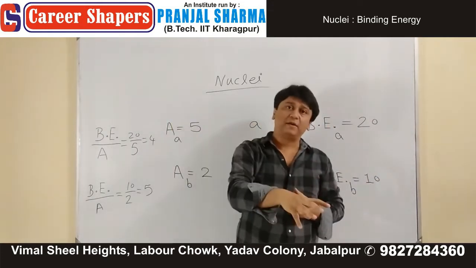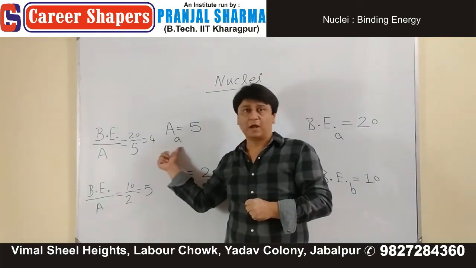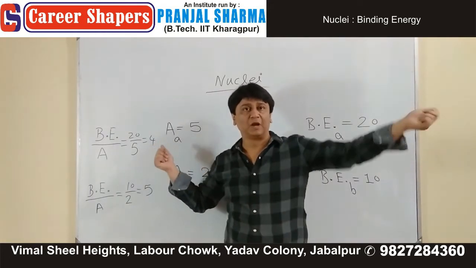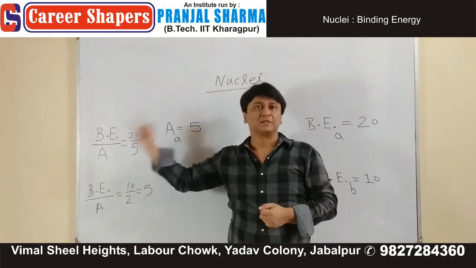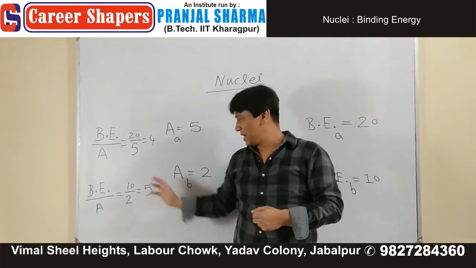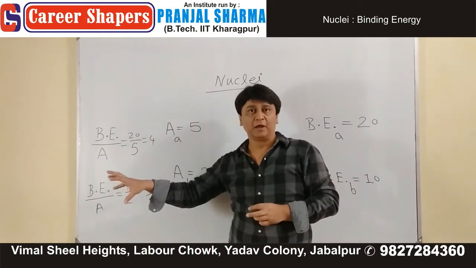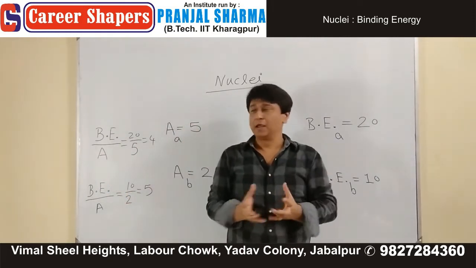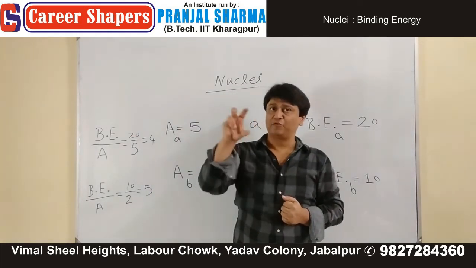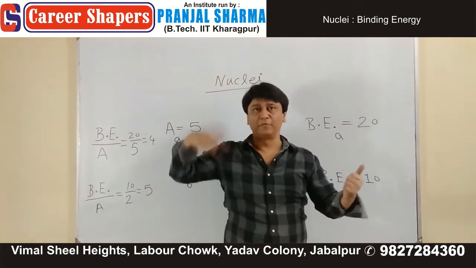As you provide the energy, everyone receives that. For A, the moment you get 4, that nucleon will come out. That means we have simply disintegrated the nucleus of A. Whereas for B, the energy spreads out uniformly, and the moment you get 5 per nucleon, all the nucleons will start coming out from the inside.